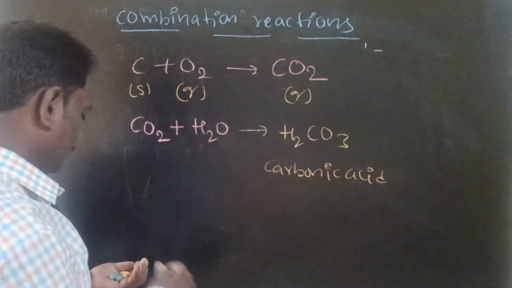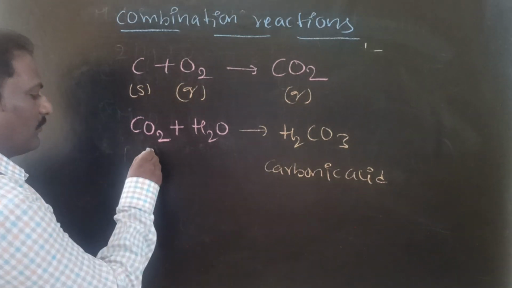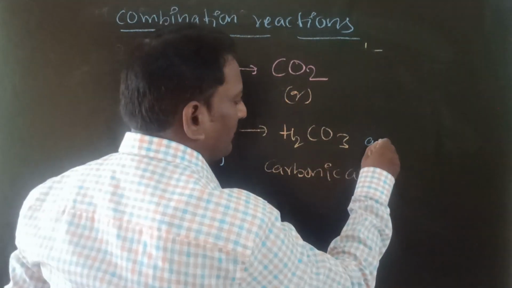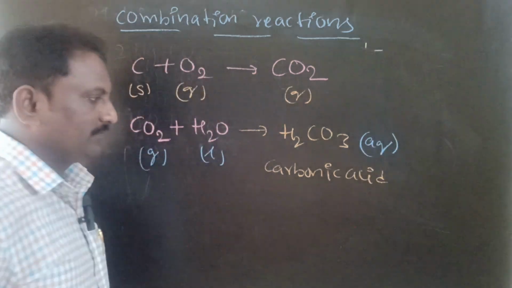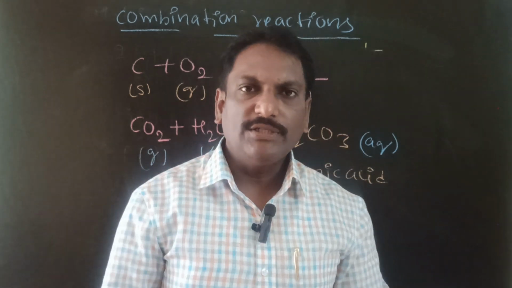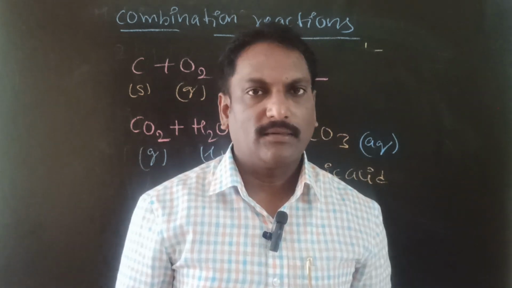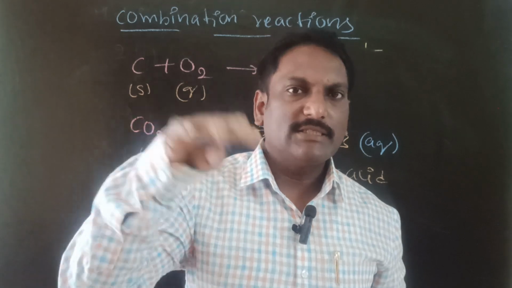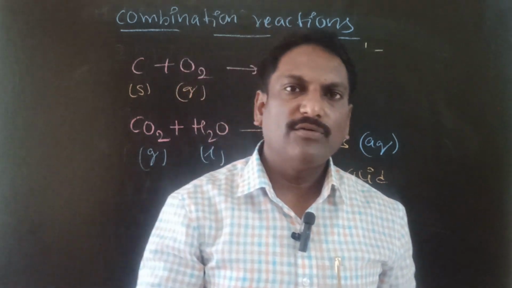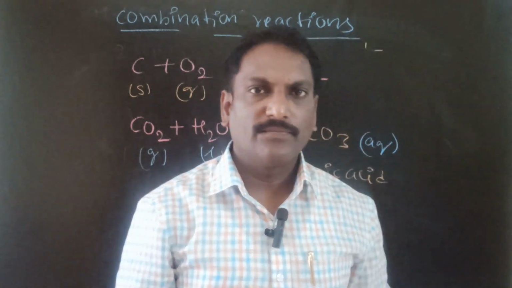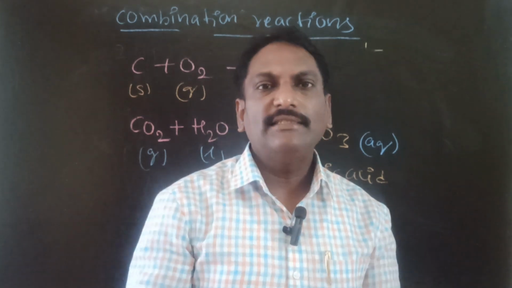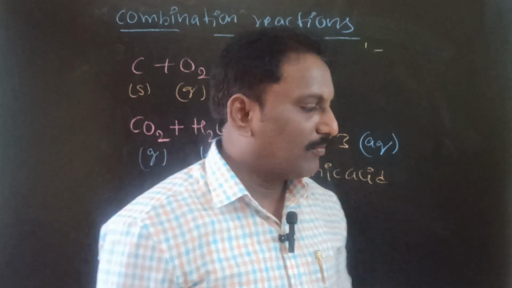Physical states: carbon dioxide is gas, water is liquid, and this one is in the form of aqueous solution, aq. What is an aqueous solution? An aqueous solution is the solution obtained when anything is dissolved in water. If salt is dissolved in water, you get an aqueous solution of salt. If sugar is dissolved in water, you get an aqueous solution of sugar. Please keep that point in mind.